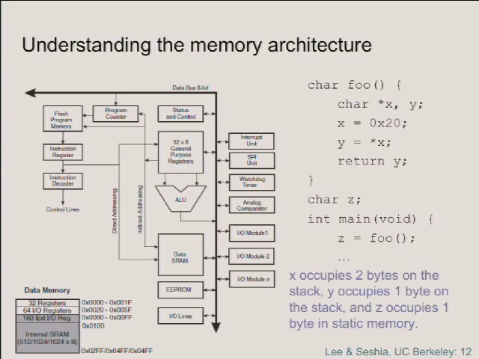And this is defined in a header file somewhere to have value 0x20. The reason they do that, of course, is that if you upgrade to a different processor that happens to maybe have more registers, and consequently this address would have to change, you can still recompile the same C program and it'll still work.